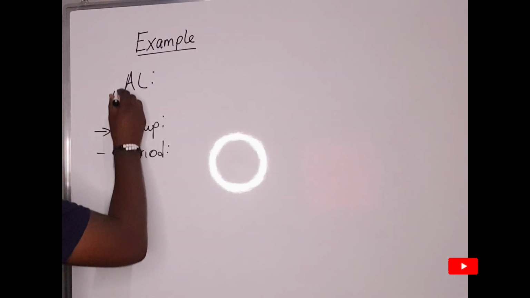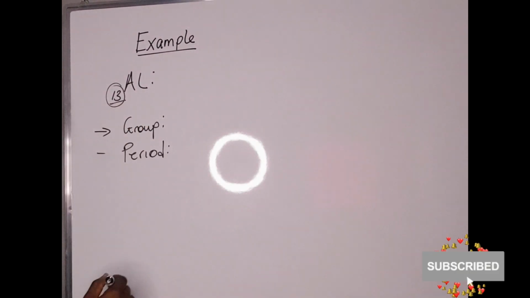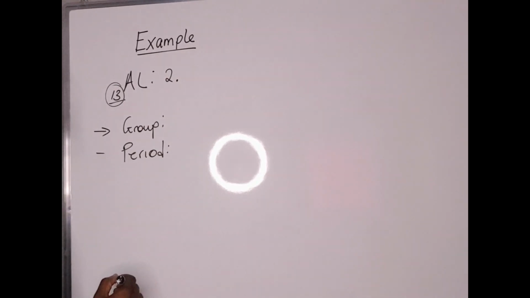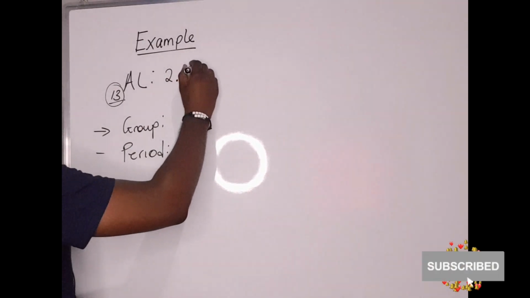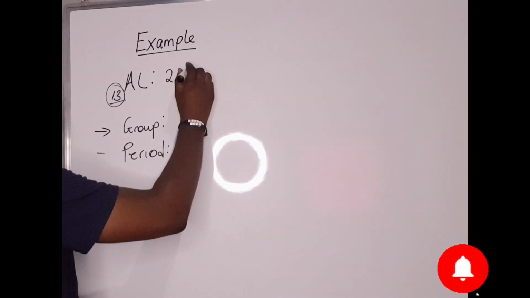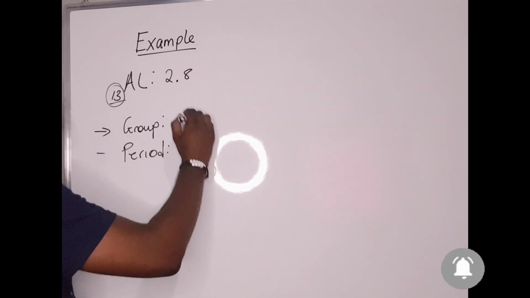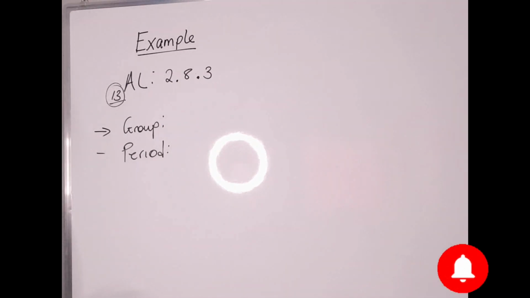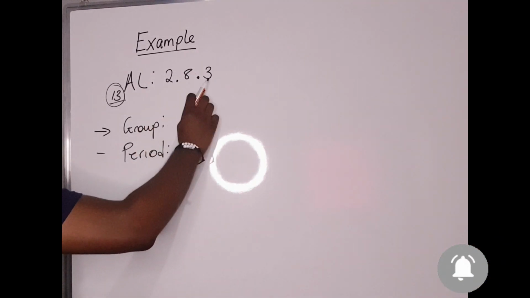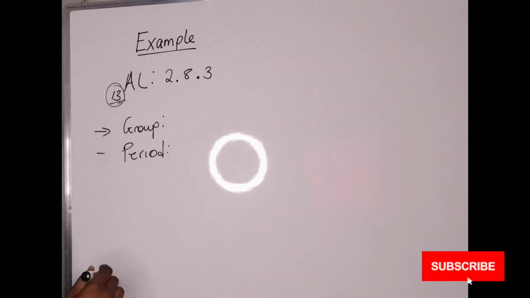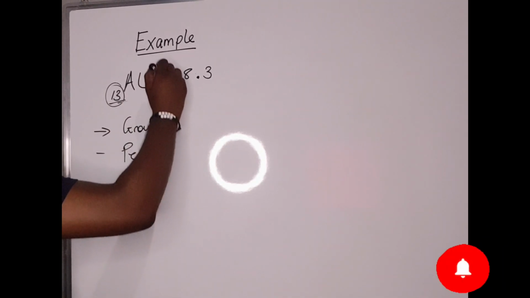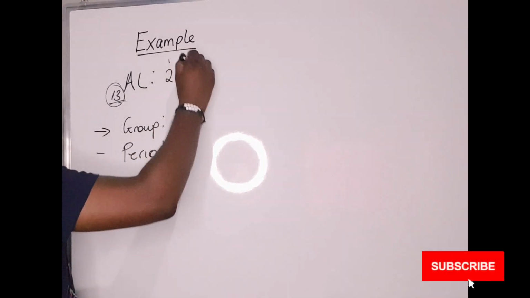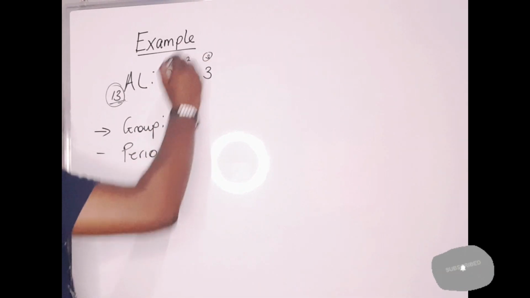So for aluminium, which has got 13 electrons, the first shell is going to have 2, then the second shell is going to have 8, then we have the third shell which is going to have 3. So when we add these, we are going to have 13. When we look at where 2 is, this is our first shell, then this is our second shell, and this is our third shell.